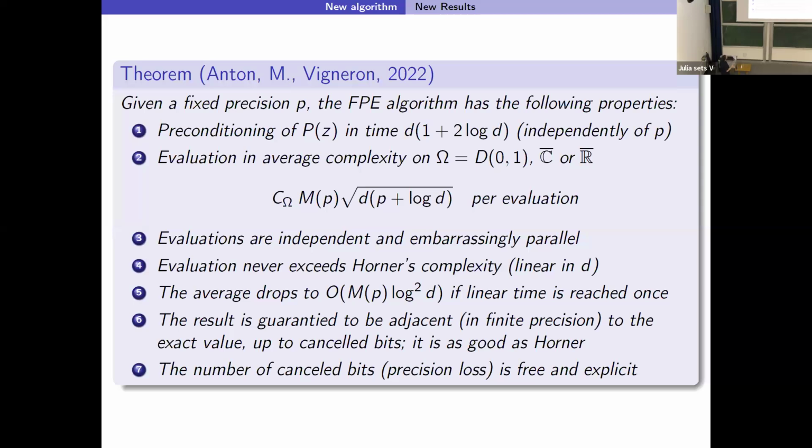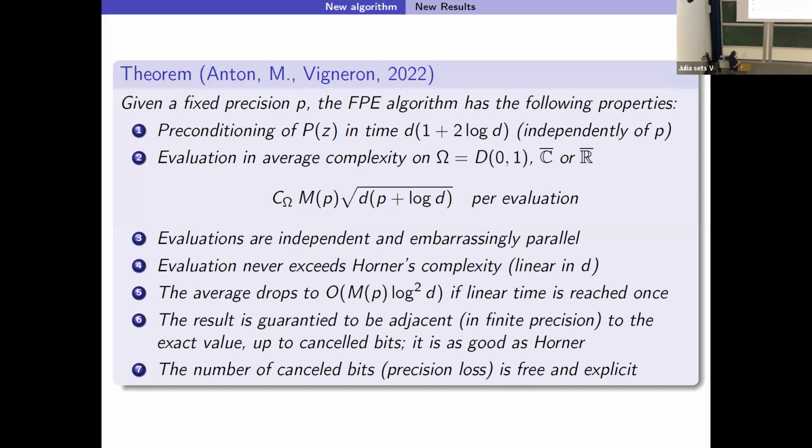So in practice, this becomes quite quick, even though there is a log d there. But anyway, you do it only once. Then you can spread it to several computers, and all subsequent evaluations are embarrassingly parallel, so it means that you don't have to do anything.